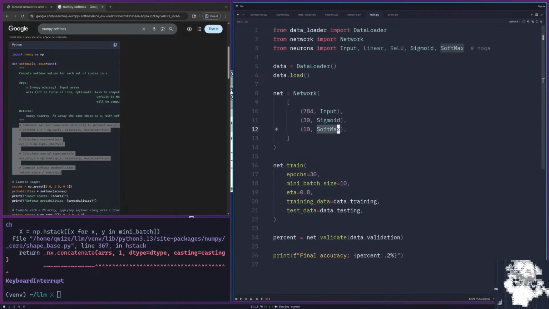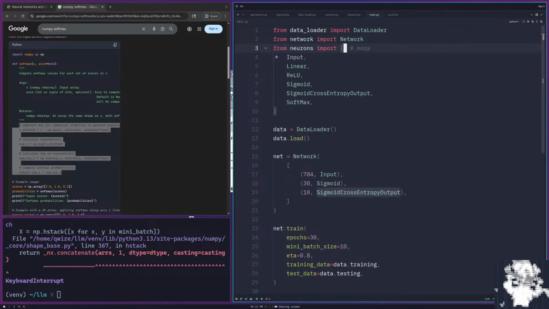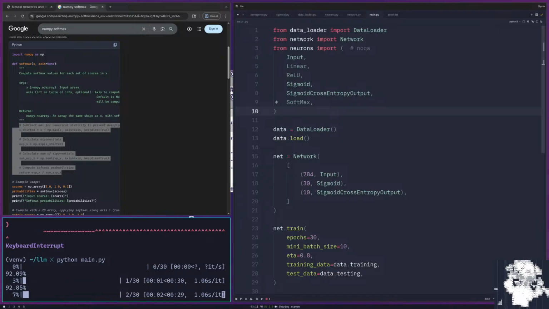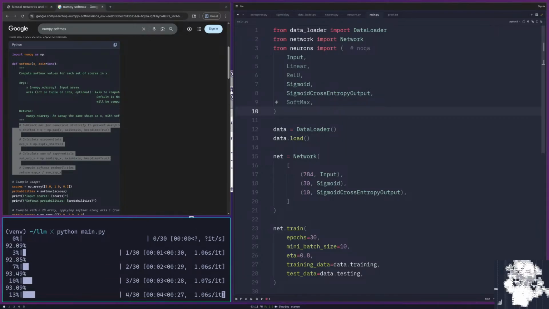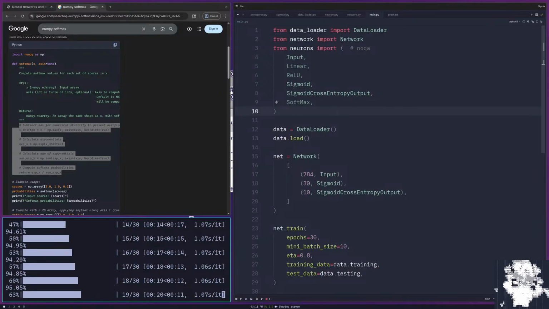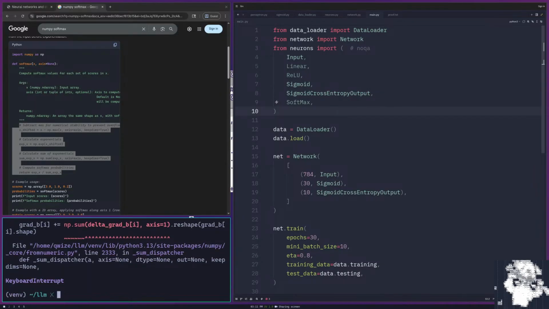So if we go here, this should work hopefully, and it should be the same as passing in a different cost function. Cool. Okay.